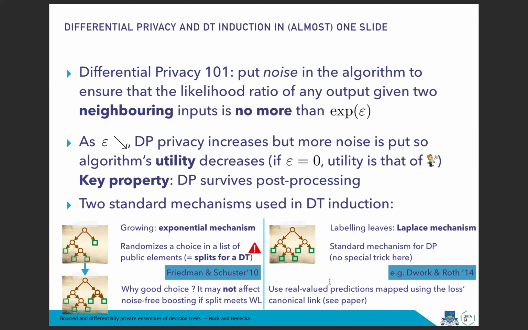This is actually a very good choice regarding boosting, because the choice that we make may in fact not affect noise-free boosting results if the split that we pick meets the weak learning assumption. That's very important. And to label the leaves of the tree, we just use the Laplace mechanism, so it's a standard mechanism. We don't have any special trick, except maybe that we use the real value prediction mapped from the probabilities, using the loss canonical link. This is detailed in the paper.